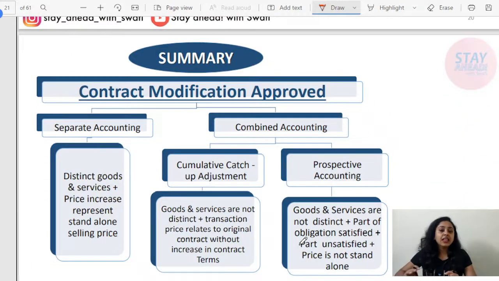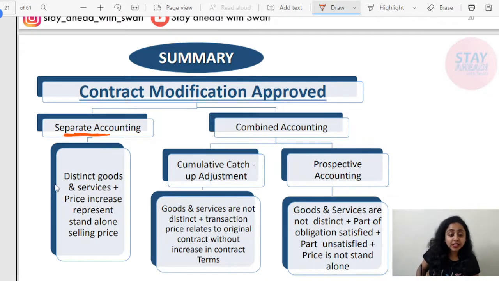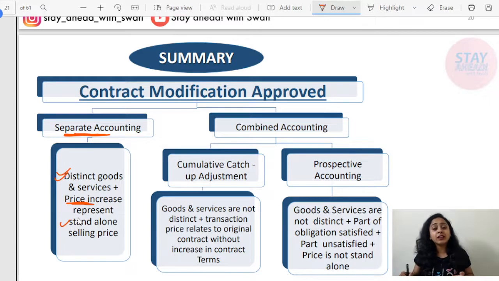Lastly, let's summarize this full lecture. What we have read till now is when separate accounting is needed: when there are distinct goods and services, plus a price increase which represents the standalone price. And when can the contracts be combined? Firstly, there is cumulative catch-up adjustment.